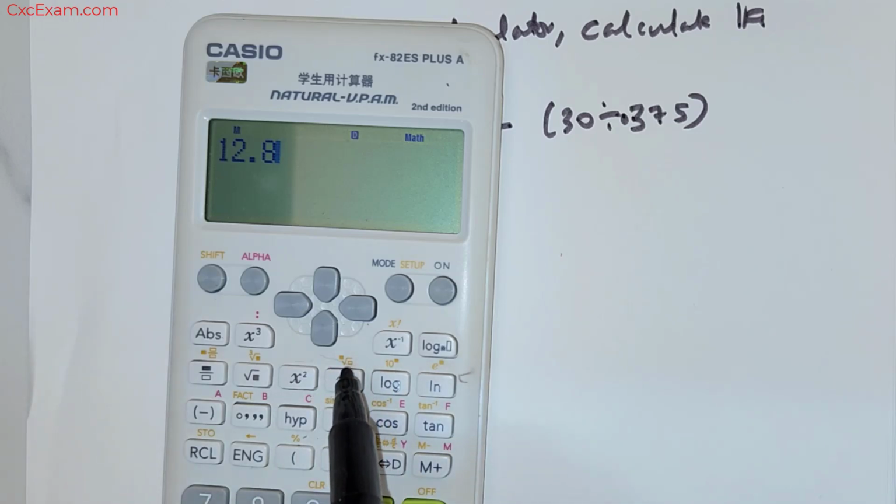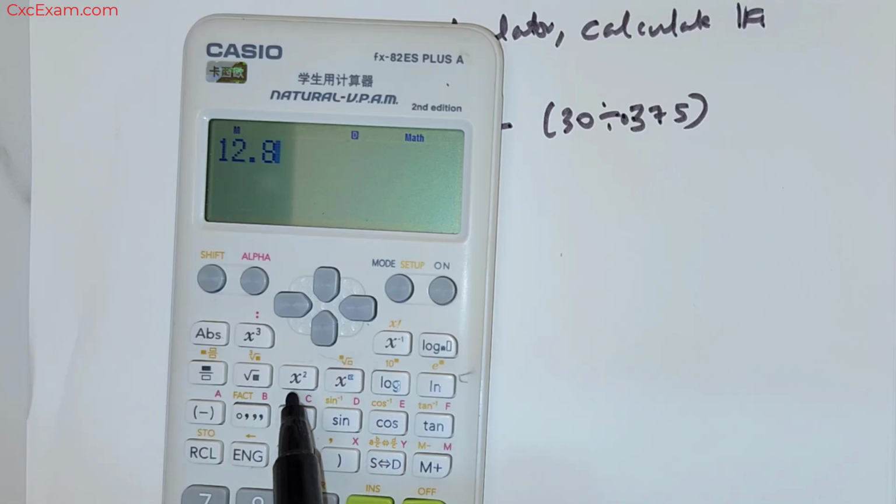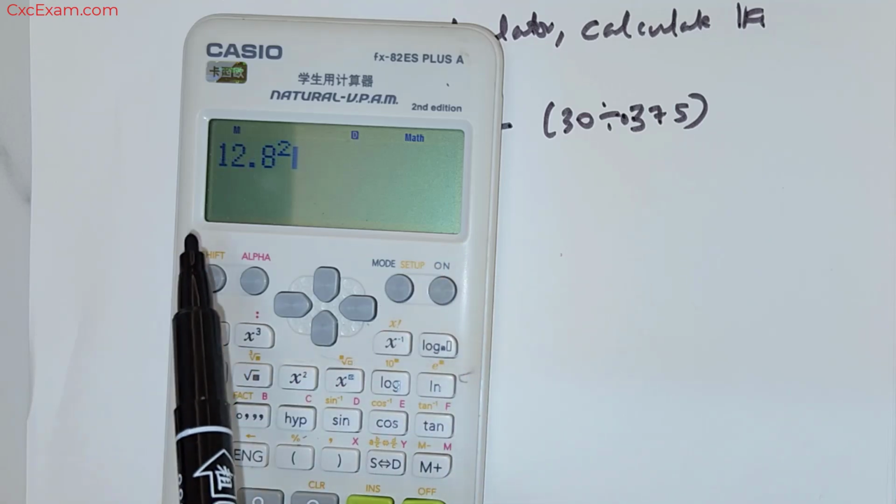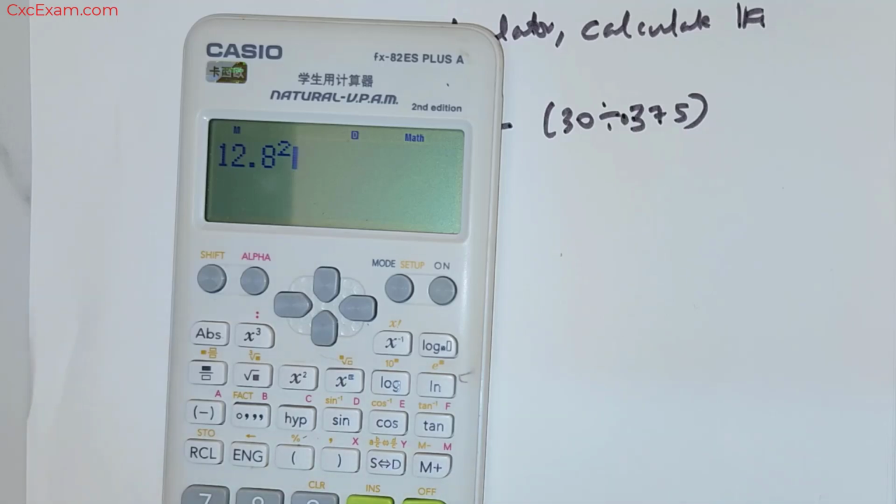There is a function for square root, a function in the foreground for x raised to the power of n, which you can use for any value greater than 2, and another function which outrightly states squaring. Just press that, you get 12.8 squared.